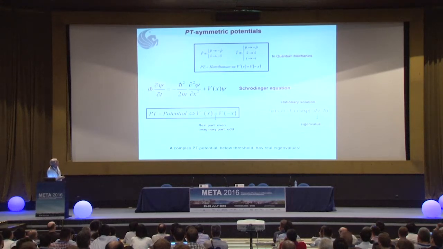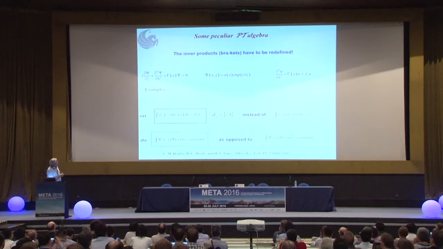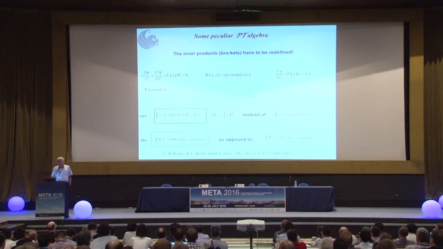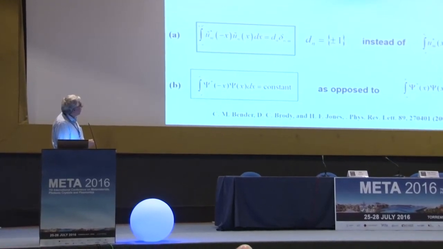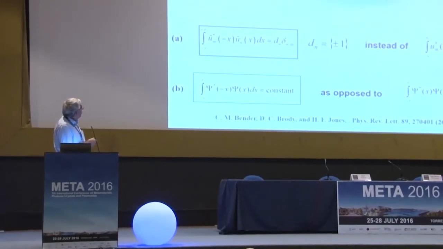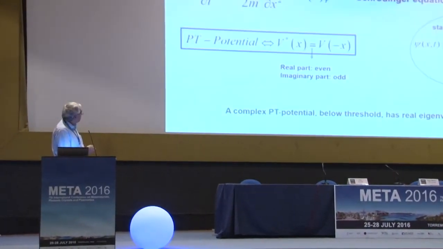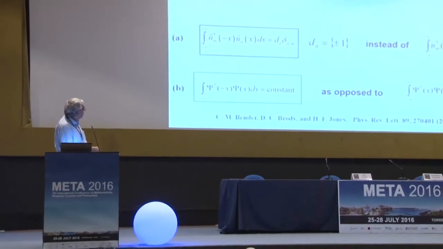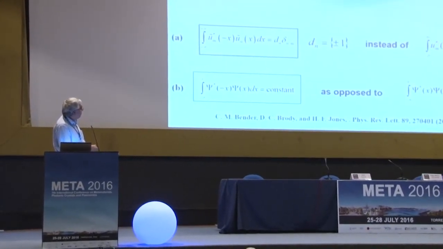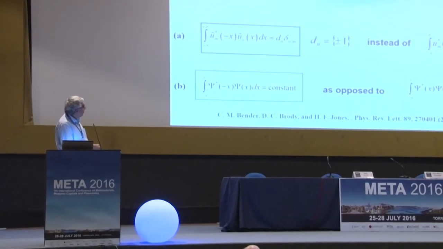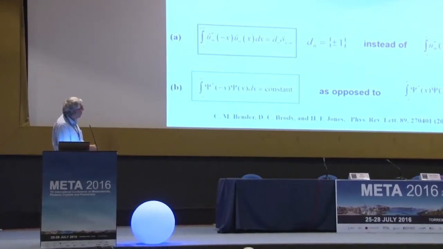To give you an example, parity time, interestingly enough, comes with its own algebra. You have to totally redefine the concept of the bra. For any ket, you have to come up with an entirely new bra, and as a result, the inner products have to be redefined. If you're dealing with quantum mechanics in general, like this one over here, all you have to do for the inner product is take the conjugate of any eigenfunction, and you find that the eigenfunctions happen to be orthogonal.